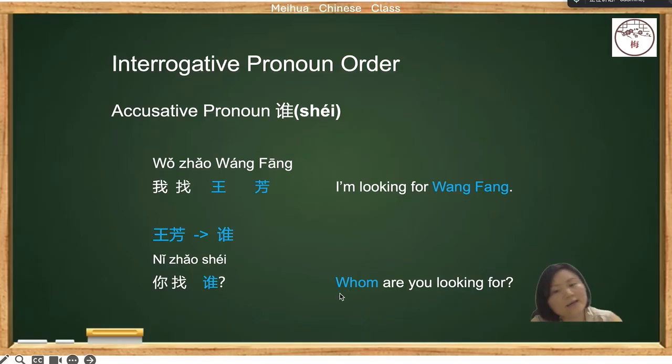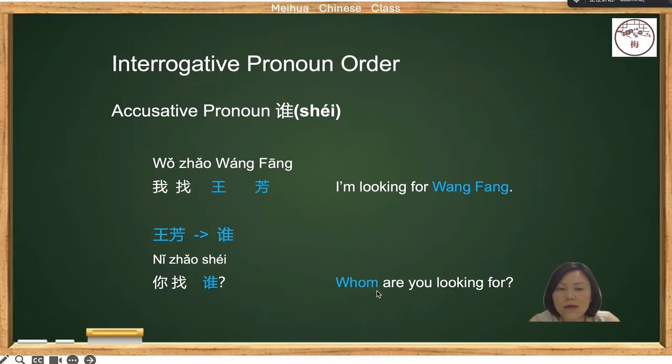But in English, as we can see here, the position for the pronoun is not the same as in the Chinese. Why? Because as per the grammar rule, in English, all the interrogative pronouns should lead a sentence.